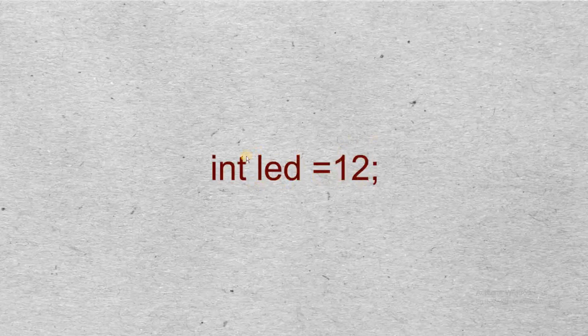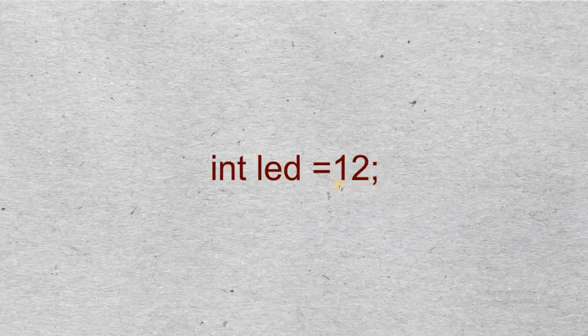Actually, this is the format that we use most times. There are also some other ways of doing it, but let's start with this. Just type int, then name the pin anything you like. In my own case, I named it LED equals 12. That means I'm using pin 12. Be mindful of this semicolon, it's very important.